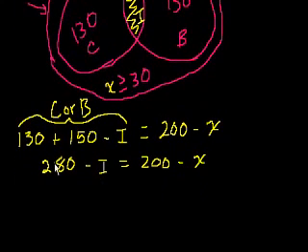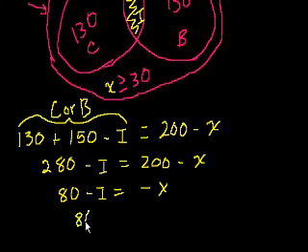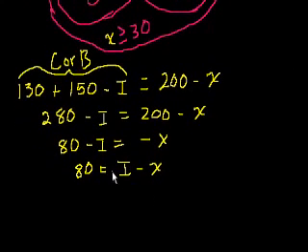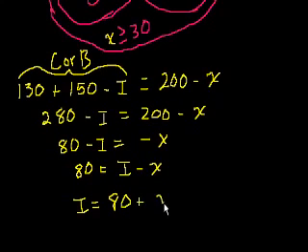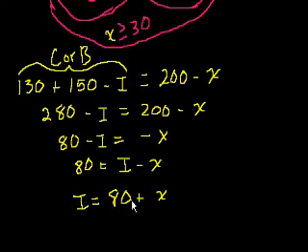And then subtract 200 from both sides. You get 80 minus I is equal to minus x. Let's add I to both sides. So you get 80 is equal to I minus x. Right? Well, even better, let's add x to both sides. So you get I is equal to 80 plus x.